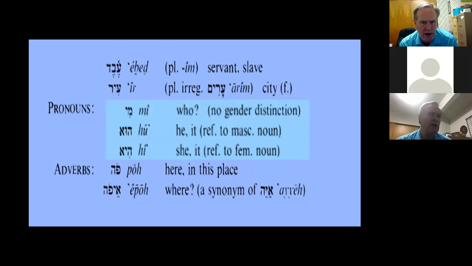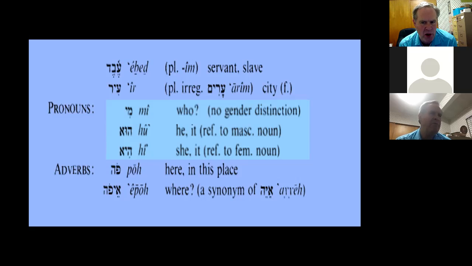This is a feminine word, but it ends with a masculine plural ending, which is arim. Arim is cities. For pronouns, we have mi, which means who. We have hu, which means he or it. And we have hi, which means she or it, if it's a feminine thing.